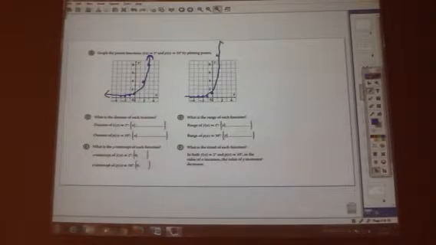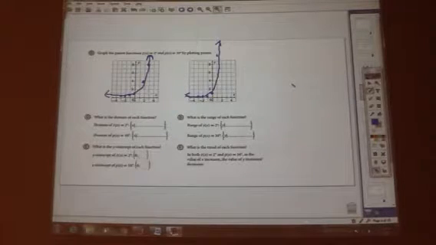Look how quickly that one grew exponentially, because 2 is all the way up to 100 and 3 is 1,000, so that's totally off the graph.